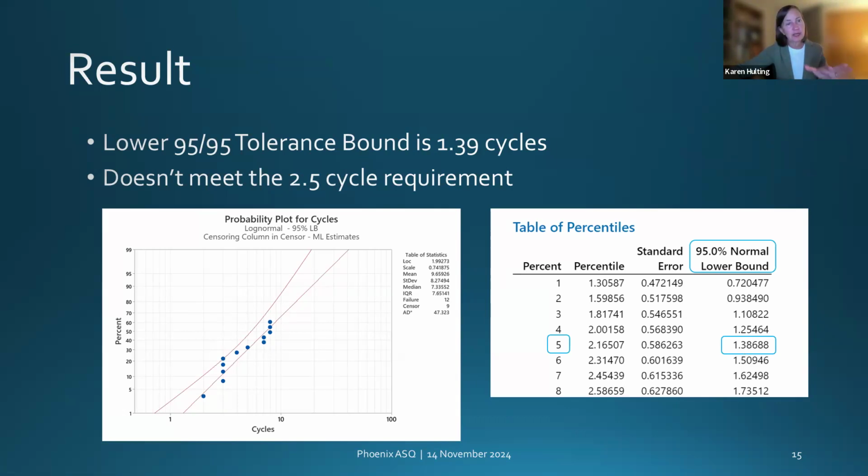Now, since we set our reliability goal to be 2.5 cycles with 95% confidence, this number is not adequate, right? It says we could luck out and maybe last for over 2 cycles, but we can't be confident of that at that 95% level.